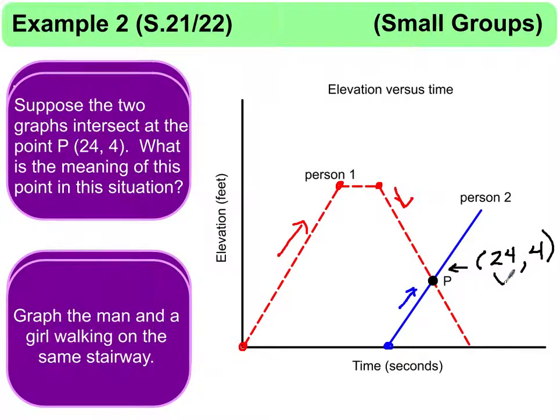Well, we look at it, this is our x versus our y. So if we look at this as our y-axis and our x-axis, we're referring to this 24 as being 24 seconds into the video, and they are 4 feet off the ground.